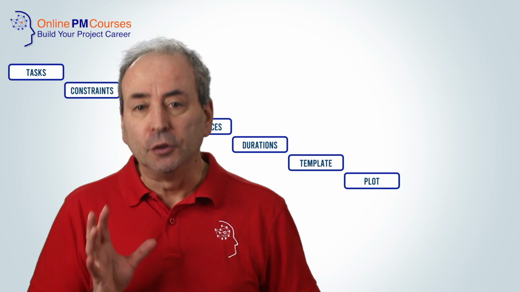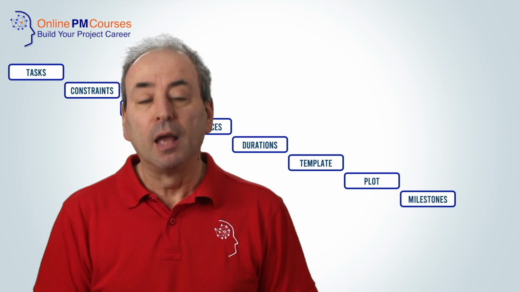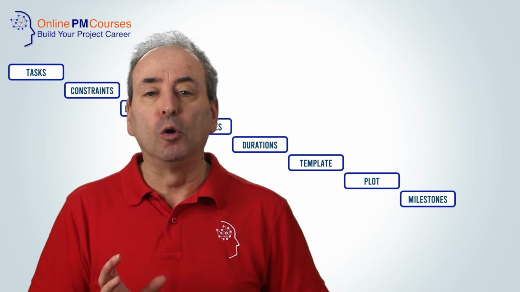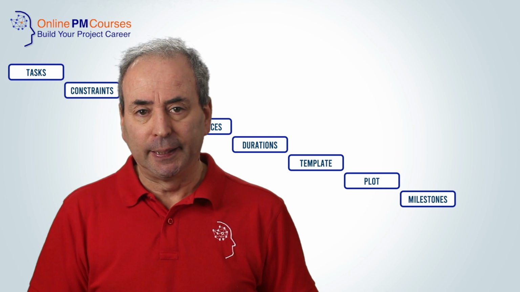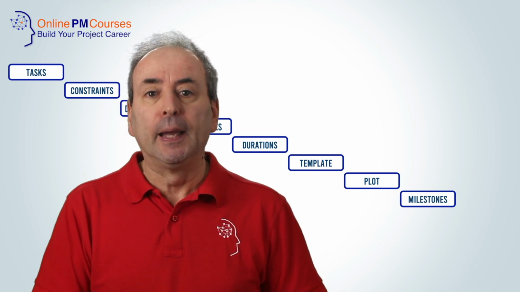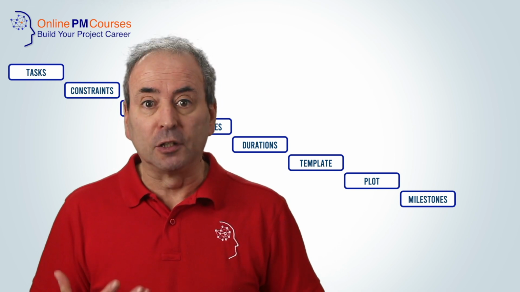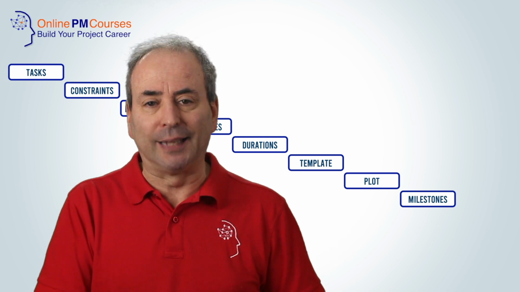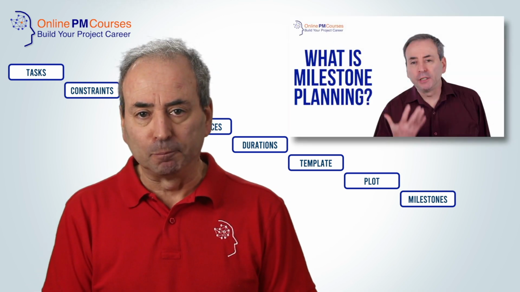And at step 8, you need to add milestones to your Gantt chart too. Now, you can determine what your milestones are going to be right at the beginning of your planning process. These milestone-driven projects or milestone planning set up a framework of milestones that create the constraints within which you plan the activities. And we have a video on milestone planning.